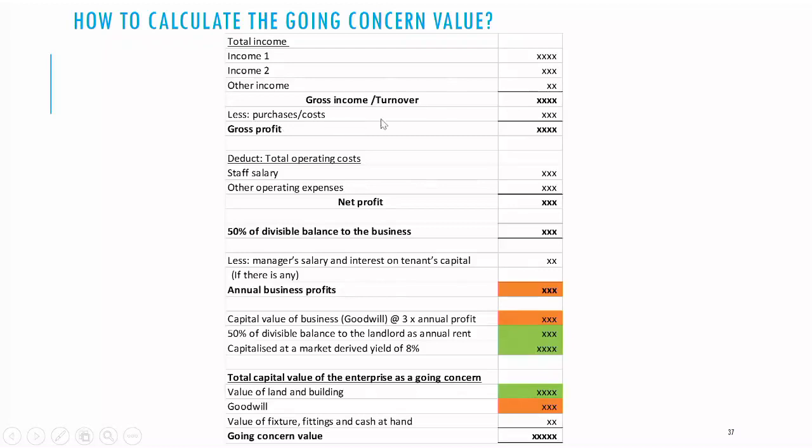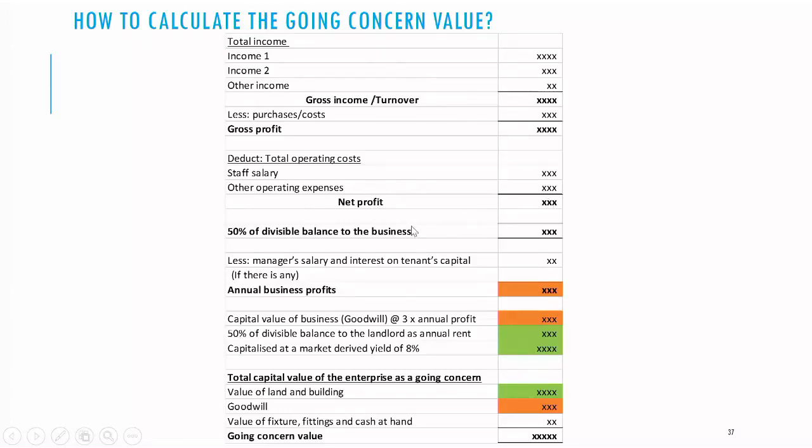Less total purchase, and you calculate the gross profit. And subtract total operating cost, staff salary, and other operating expenses. You do not subtract the tenant's salary as a manager in there, only the other staff. Right? So you calculate the net profit.